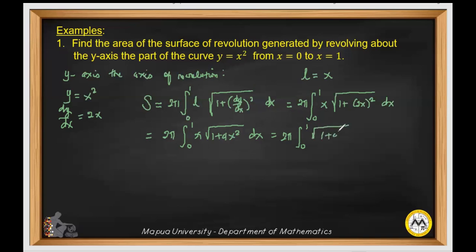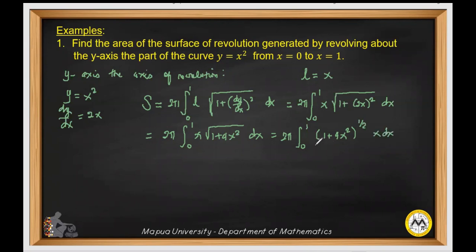I should have expressed this in exponential form. So we will have the quantity 1 plus 4x squared raised to 1 half, and then we have x dx.